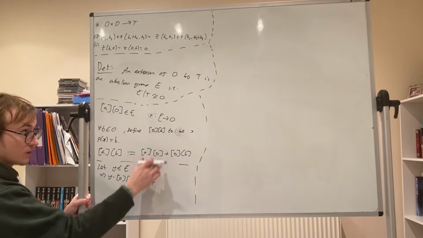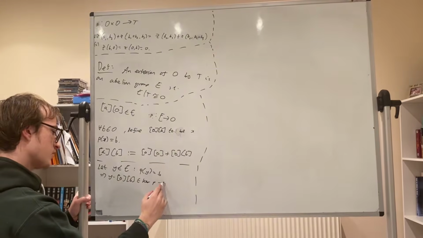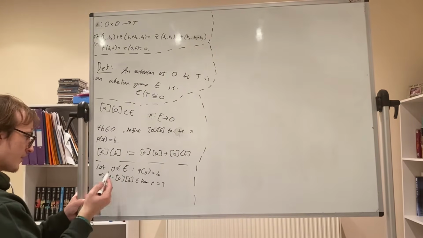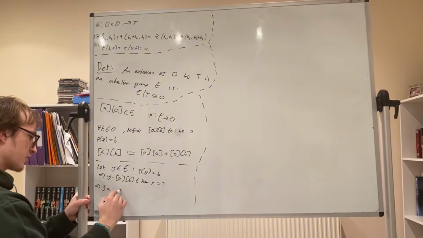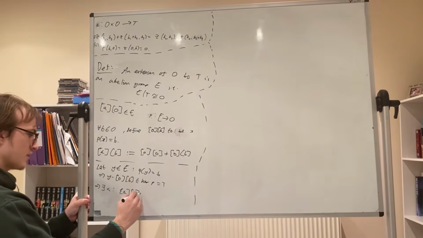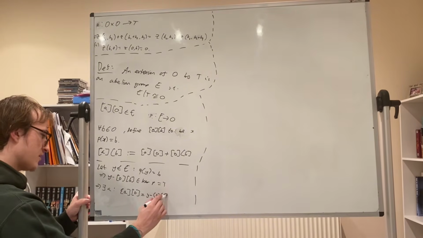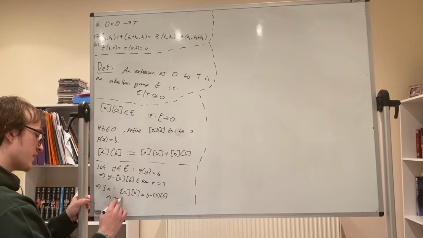But the kernel of the projection map is precisely T. Therefore, there exists some A such that A0, which is an element of T, is equal to Y minus 0B, and therefore we can write Y equals AB.